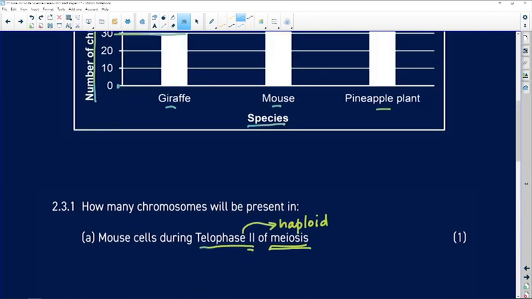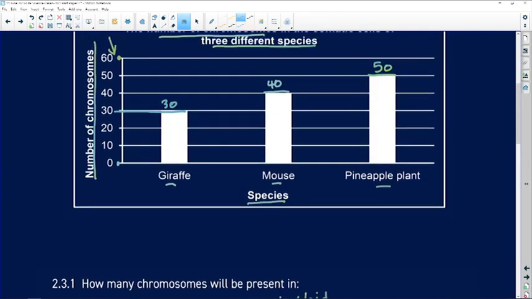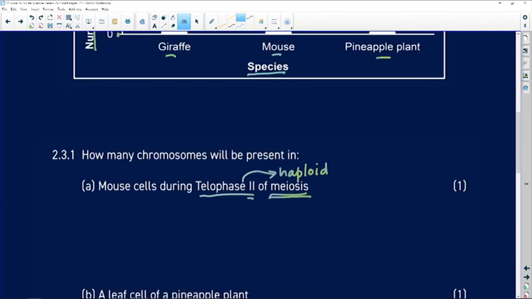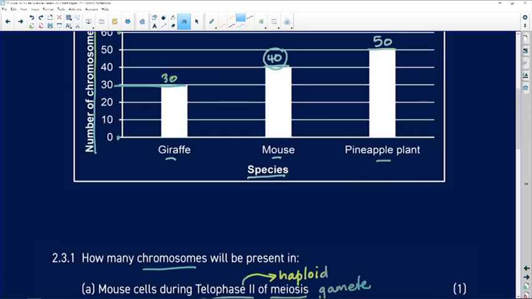So we go up to our mouse and we see that normally in a somatic cell or a body cell, we have 40 chromosomes. But in a gamete, we would have half of that. So how many chromosomes will be present? 20. 20, which is half of 40.